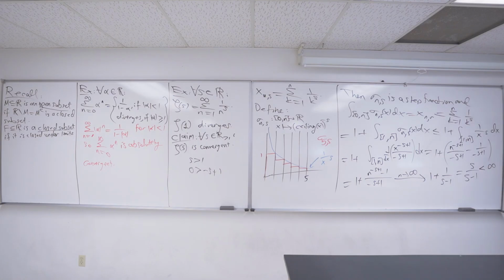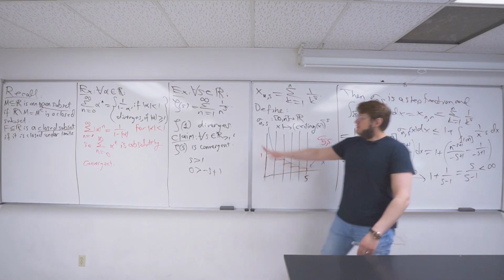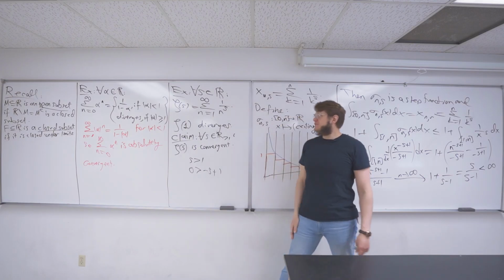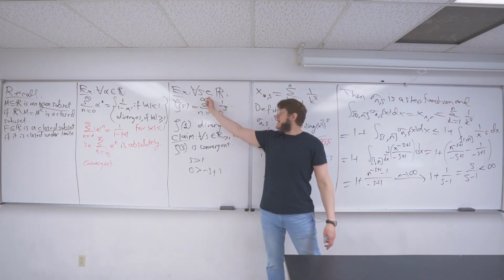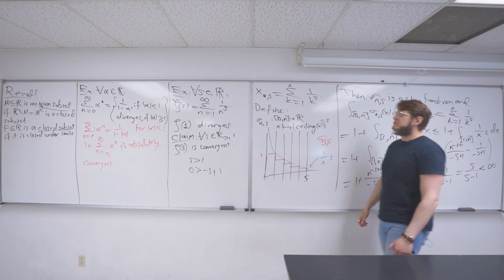Let's think about this for a couple minutes. I came up with an upper bound that certainly depends on s, but I'm talking about whether or not this converges once I fix an s. So s is a fixed parameter, and I'm taking n to infinity, right?